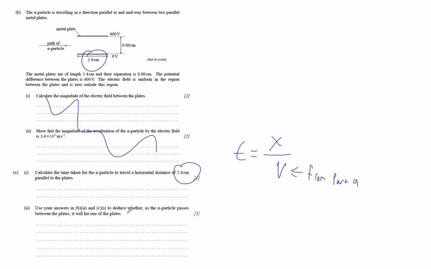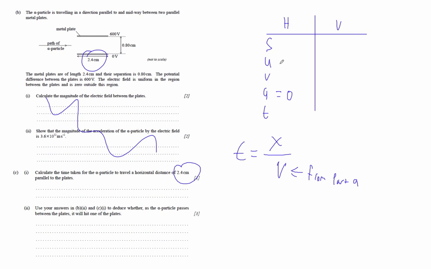And then use your answers to deduce whether the alpha particle passes between the plates or whether it will hit one of the plates. So again, this is our fun time, baby. Horizontal, vertical. Horizontally, the acceleration is 0 because there's no acceleration anymore.